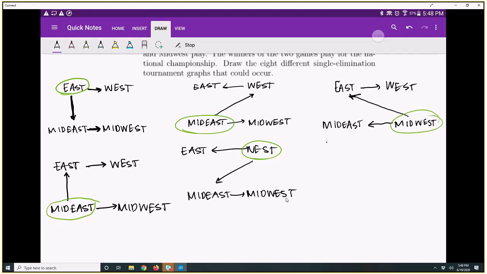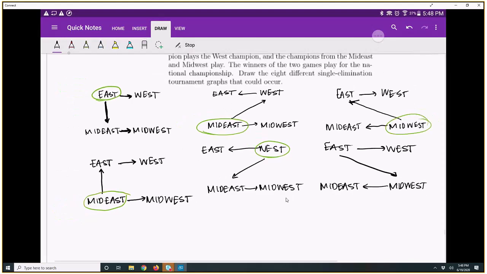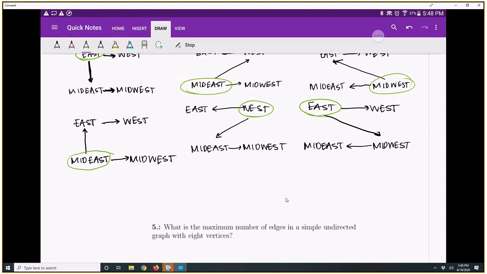Or I could have East beats West, and Mid-East is beaten by Midwest. So again, I have Midwest and East meeting for the championship, but then maybe East wins. And what other situations could I have?